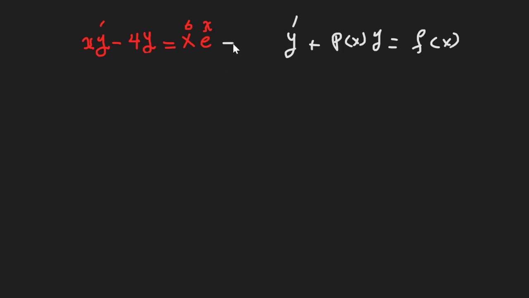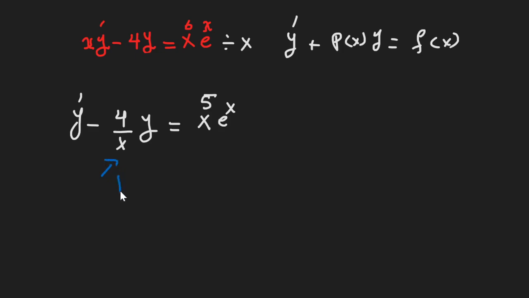We will get y dash minus 4 over x times y equals x to the 5 e to the x. And now basically this is your b of x and this is your f of x.